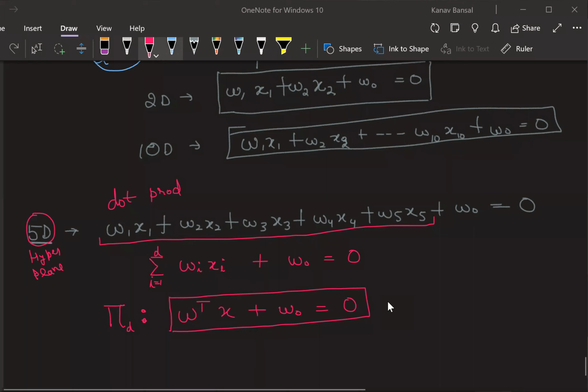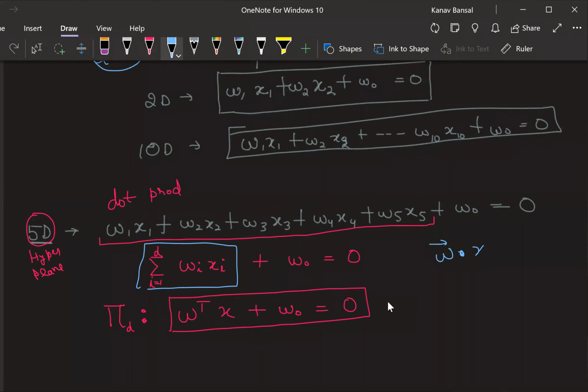Okay, so the last line. See, we have this thing, right? This thing is nothing but w vector dot x vector. And we know that this can also be written as w transpose x. We have already seen that there is this equation also. So from this equation, I'm just writing this.